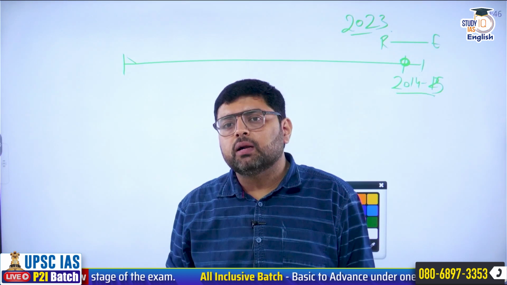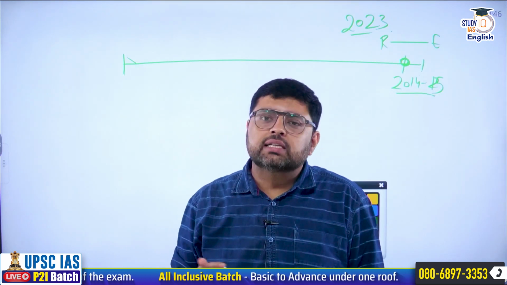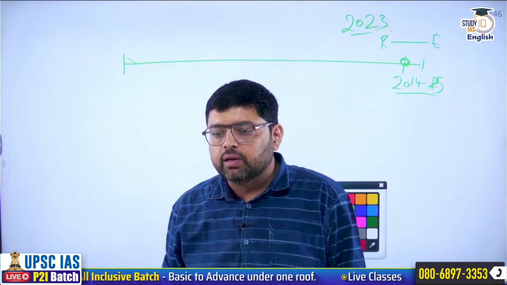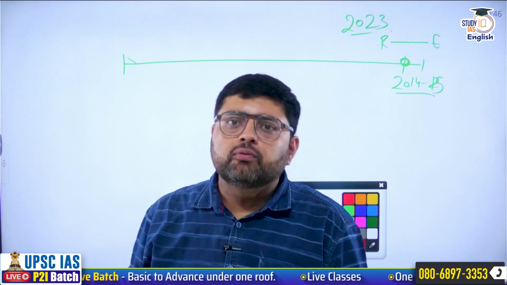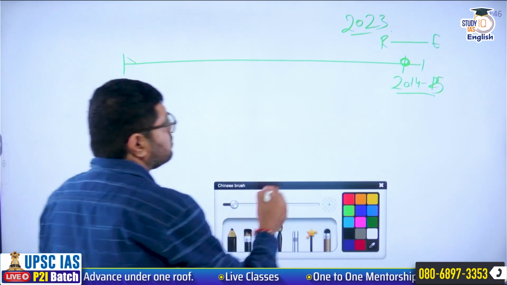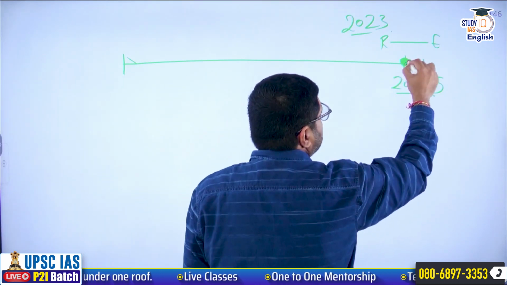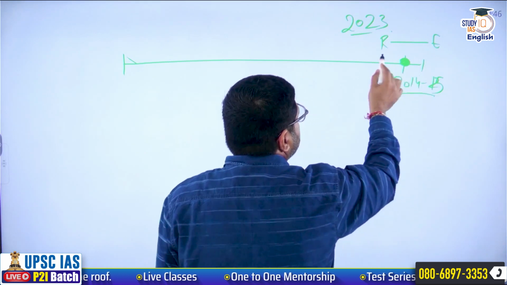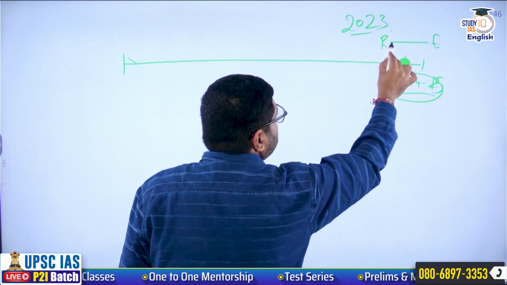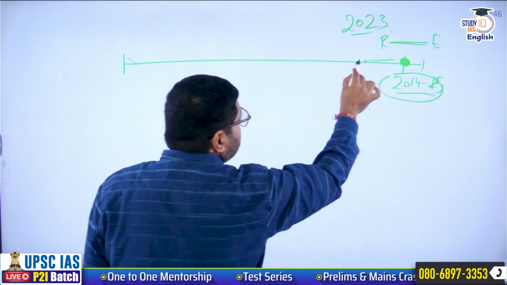Similarly, on the receipt part, the government has imposed taxes on cryptocurrency and the Google tax, which is also known as the equalization levy. This is what you have to talk about in detail. You can say that from 2014-15 our gap is this much, but the government has made an effort.